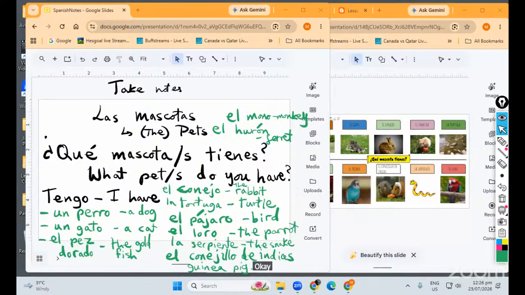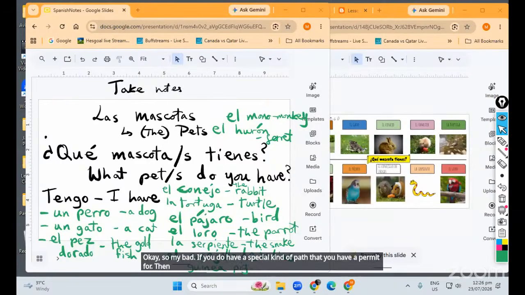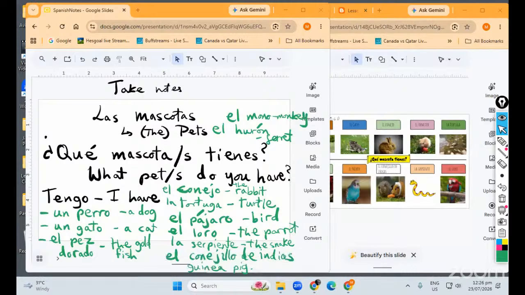Okay, so my bad. If you do have a special kind of pet that you have a permit for, then my bad, so saying that that's not reasonable. Turtle is tortuga, right? We have that on the screen.